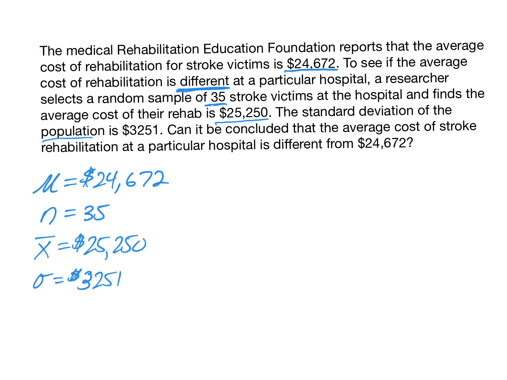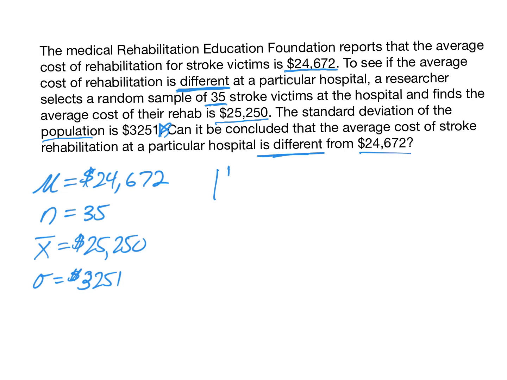And the question for the hypothesis testing is this: can it be concluded that the average cost of stroke rehabilitation at a particular hospital is different from that $24,672? So we have our 4 bits of information.